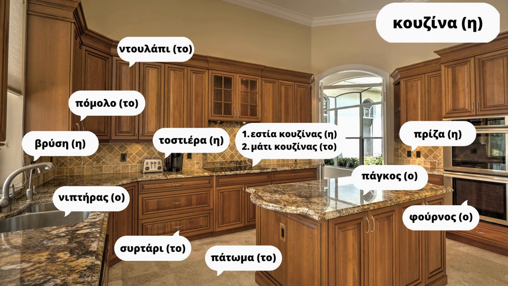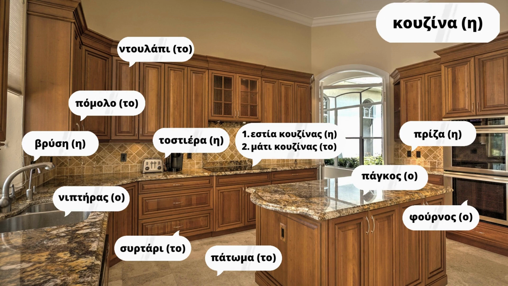The next combination of words to the right is estia cousinas, a feminine gender, or mati cousinas, which is a neutral gender. You can use both options. Choose for yourself. This is the name of the stove in Greek.